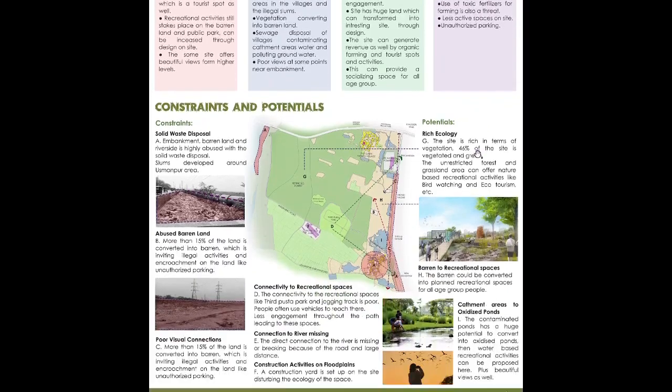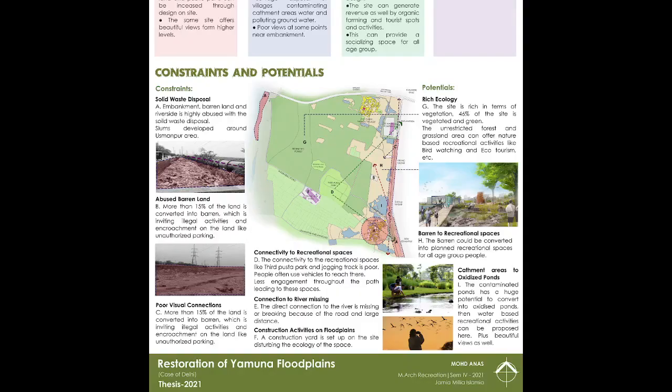Then coming on to the constraints and potential of the project. Talking about the constraints, there are constraints like solid waste disposal on the site, abused barren land, and connectivity to recreation facilities, which I came to know through the mappings done earlier. Then the connection to the river is missing, and construction activities are also happening on the site, as a construction yard is directly built in between the eco-sensitive area.